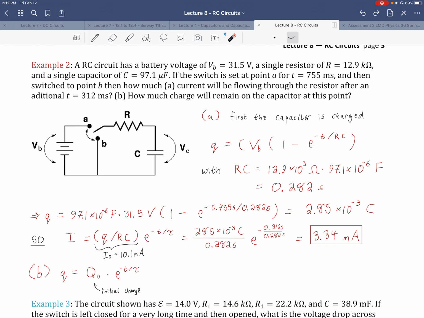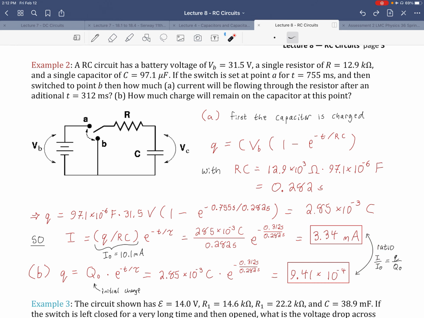Initial charge in this case would be exactly equal to this quantity, but you're going to see that in the very next line. It's the 2.85 millicoulombs of charge. There's the additional time, and there we go, we end up with 9.41 times 10 to the negative 4 coulombs. Oh, I left my units off. I'll have to add those in.